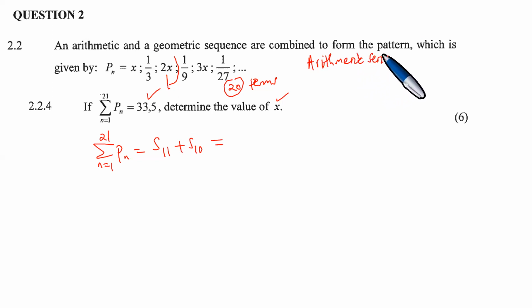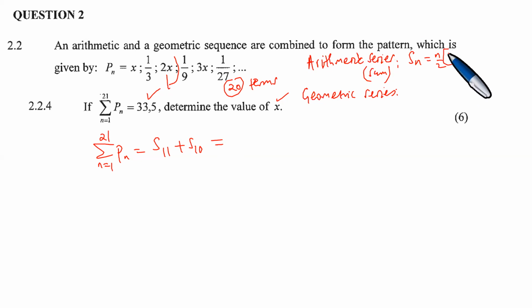arithmetic series. Okay, the word series means a sum. It's just a mathematical term that means a sum. And then we have another one for the geometric. So the arithmetic is going to be n over 2 into twice a plus n minus 1 into d.